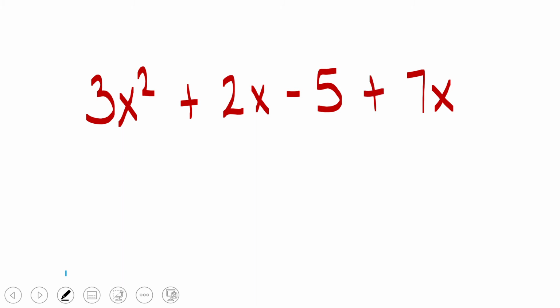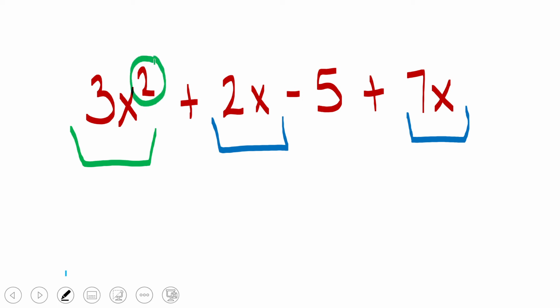Can you find two like terms that have different units, so to speak, than the other two terms that are available in our problem? The only two terms that are alike with exactly the same elements are 2x and 7x. 3x squared has a squared exponent. It's like a different kind of unit than x to the first power or 5 as a constant term.